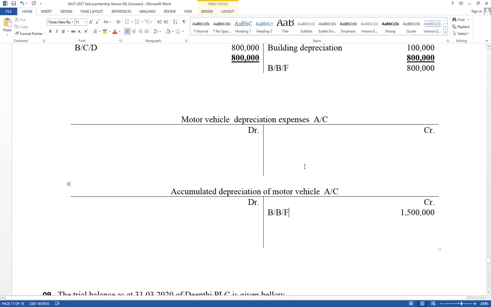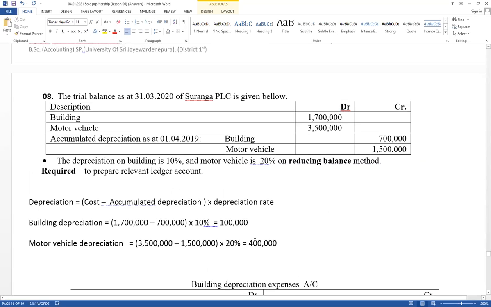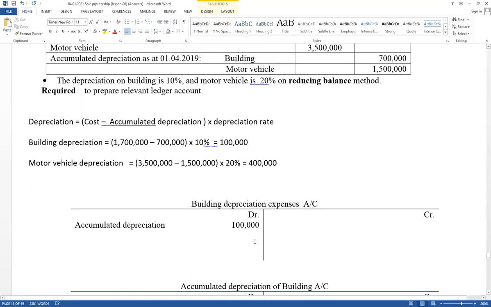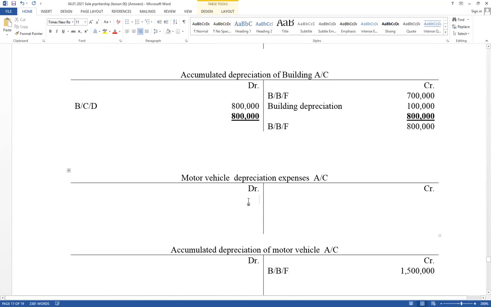And annual depreciation already calculated equal 400,000. Therefore, motor vehicle depreciation expense account debit, accumulated depreciation account credit.